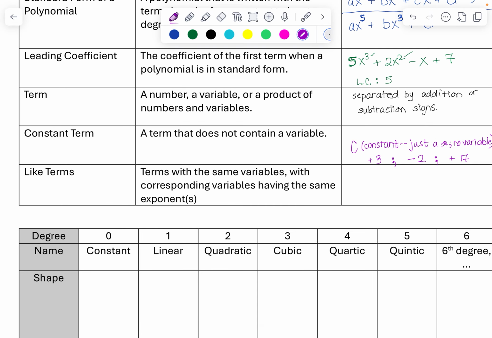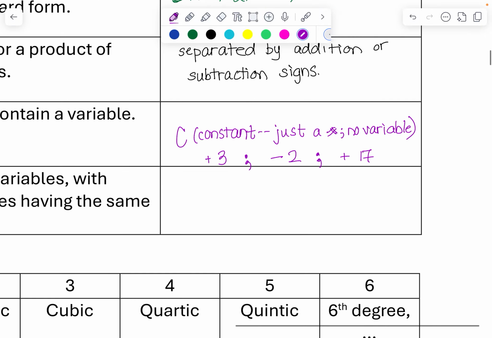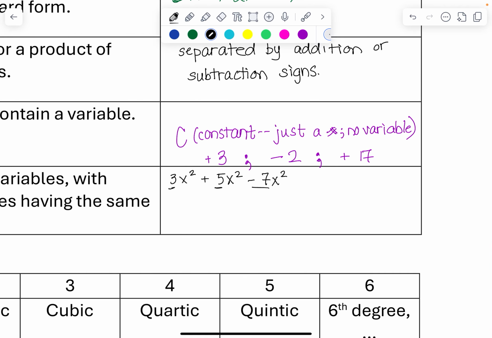Finally, like terms. Terms with the same variables with corresponding variables having the same exponent. So you know like terms, combining like terms. So suppose you have 3x squared plus 5x squared minus 7x squared. These are all like terms. Yeah, sure, you've got different coefficients in front, but they are like terms because you have the same variable with the same exponent.